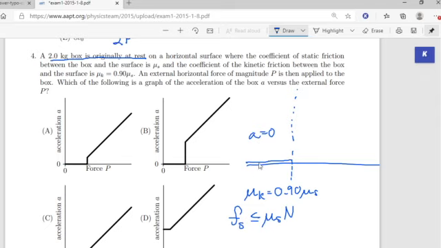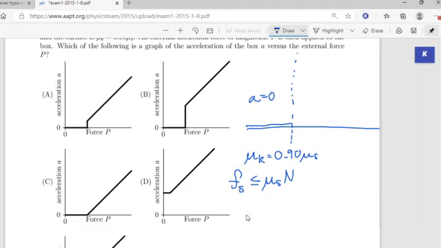Yeah, and then, wait a second. Okay, and then for kinetic friction, they said that it was equal to 0.9 times this, and since it's flat ground, we can change it to this.